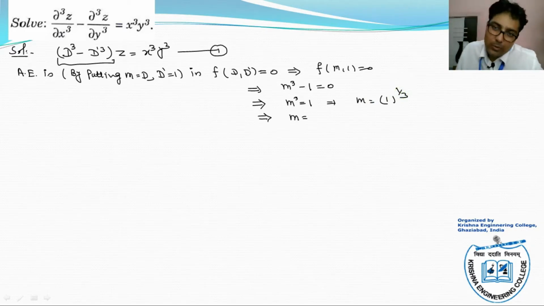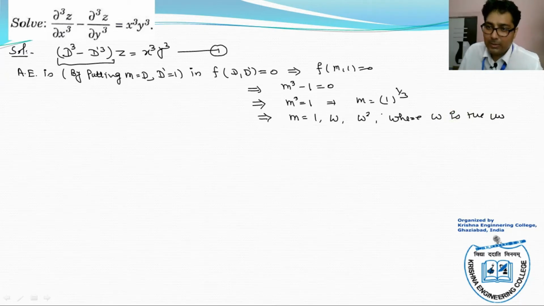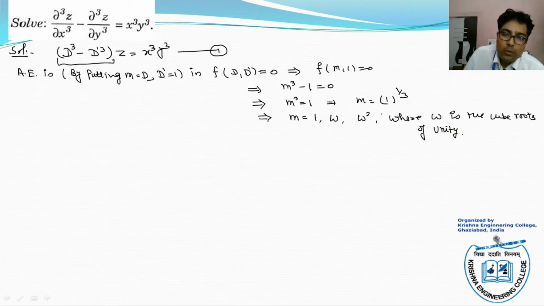We know that the cube roots of unity are 1, omega, omega square, where omega is the cube root of unity. Clear? All roots are distinct.